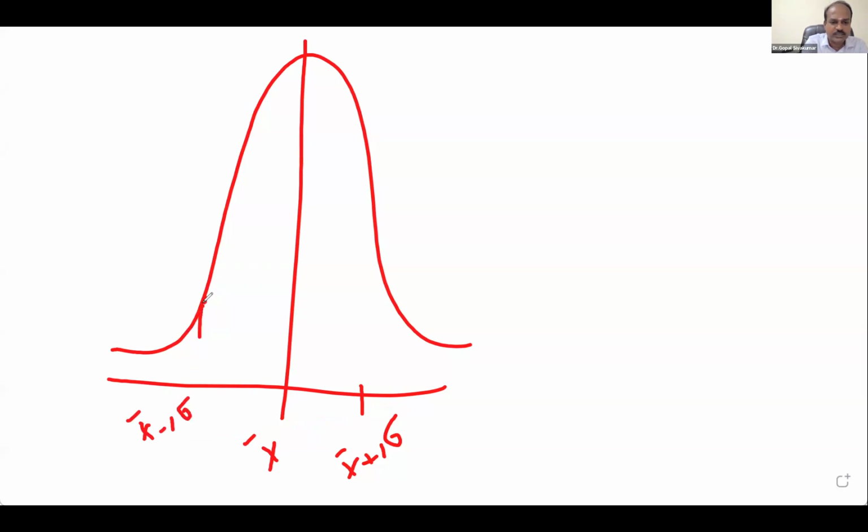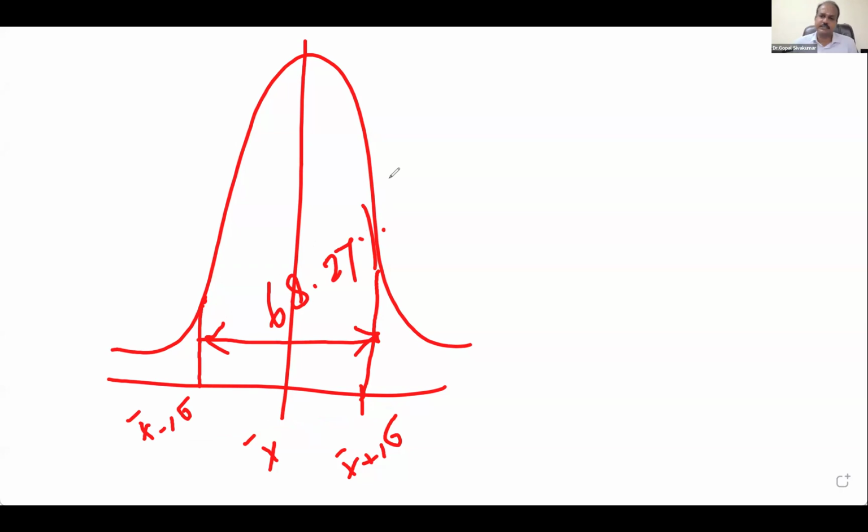So you have minus 1 sigma here, plus 1 sigma here. And now what will be this percentage? 68.27 percentage.